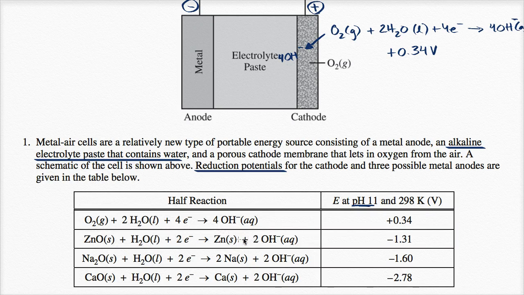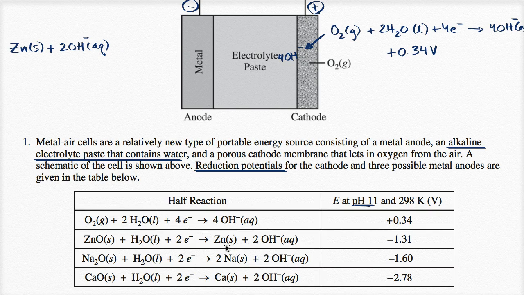So you're actually going to have the reverse of this reaction. Let me write the reverse. You're going to have zinc in the solid state. This whole anode is made out of metal zinc. And then for every molecule of that, you're going to have 2 hydroxide anions that are dissolved in water. That's what makes the electrolyte paste alkaline.